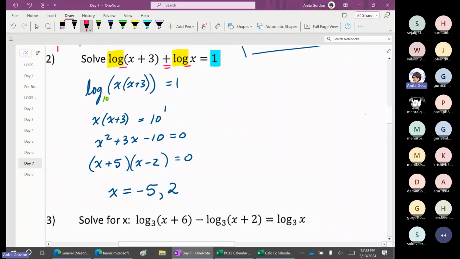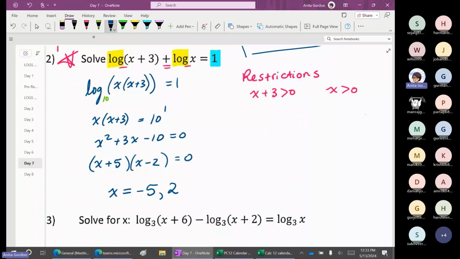I started my equation with logarithms. Logarithms have restrictions. I have 2 restrictions here because I have 2 logs. Inside of the log, I must have a positive number. That means x plus 3 must be greater than 0 and x must be greater than 0. Remember how we do domain of logarithms.